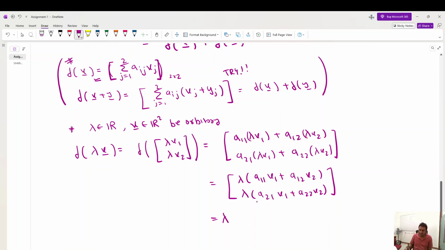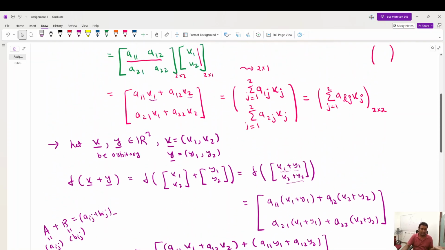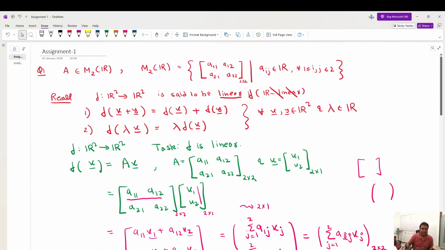Take this lambda out and whatever you get, I'm not writing, please write it. This will be lambda f of x lower bar by the definition we have expanded. So this is what you have to show. You have to show these two properties, right? We have shown both of these properties. I hope this question is clear.